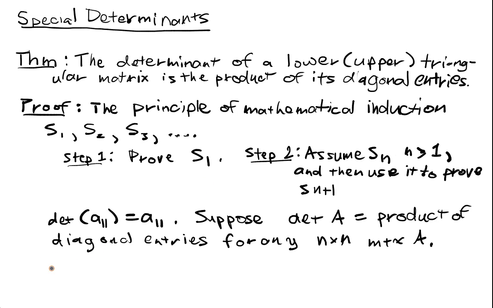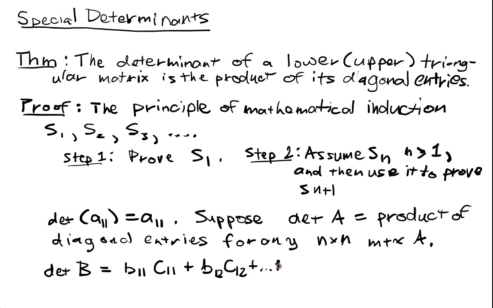Now let's suppose that B is n plus 1 by n plus 1. So the determinant of B is going to be equal to, well, we do the Laplace expansion. So it's B11 C11 plus B12 C12 plus, and so on, up to B1n C1n.